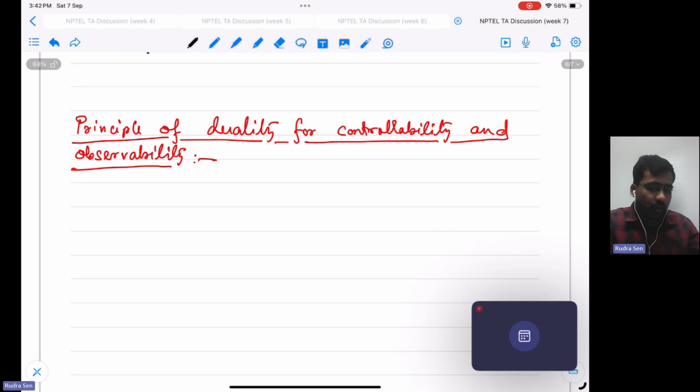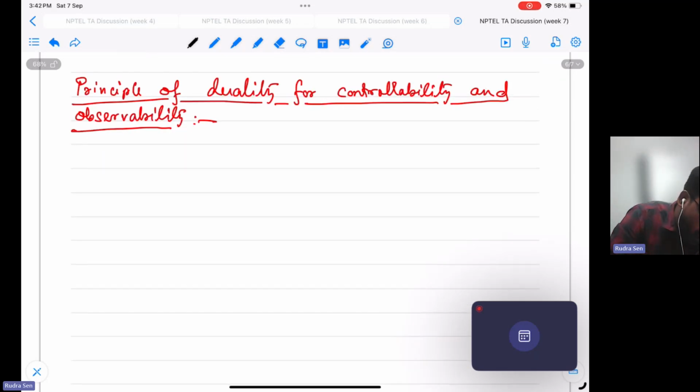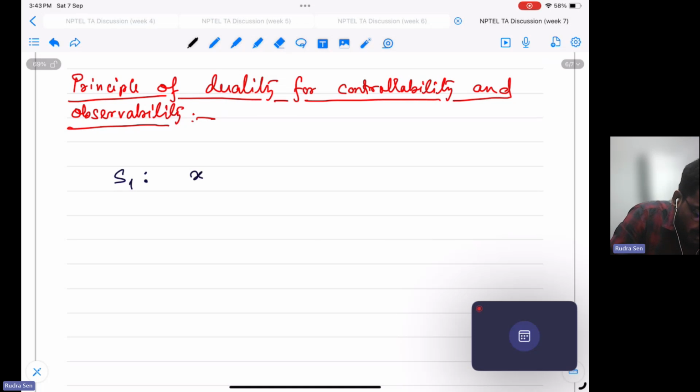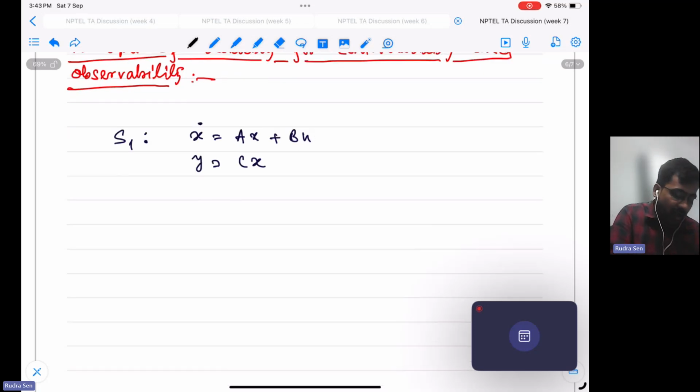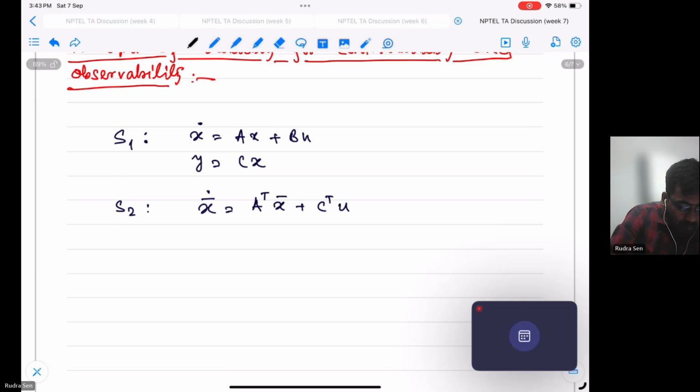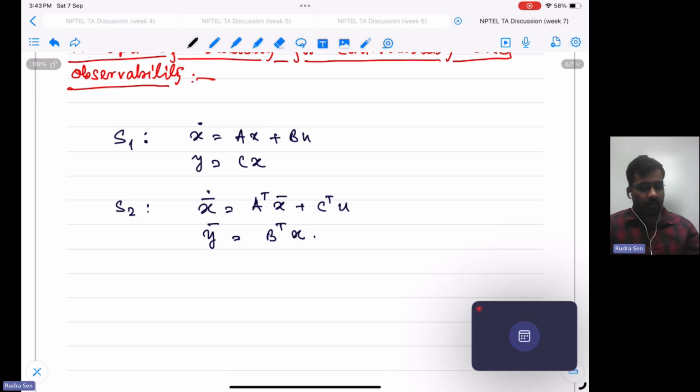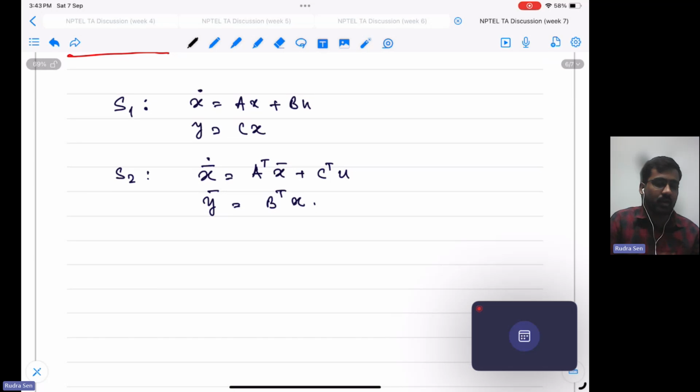The duality principle says, let's say I have a system S1: x dot equals Ax plus Bu and y equals Cx. This is one system, and I have another system S2: x bar dot equals A transpose x bar plus C transpose u, and y bar equals B transpose x bar. These are dual systems, system 1 and system 2.